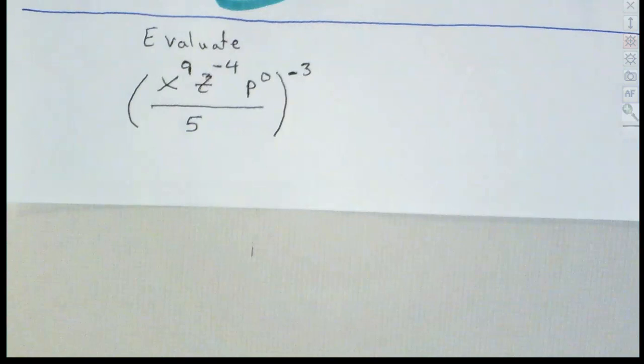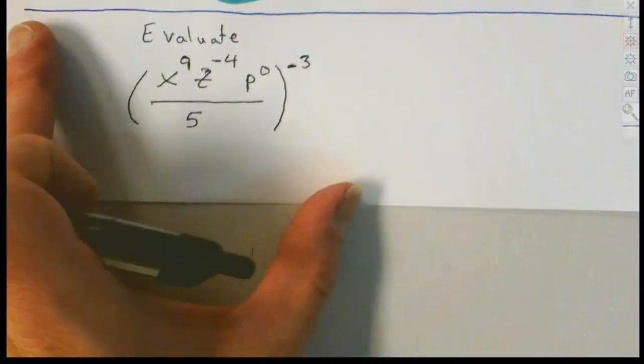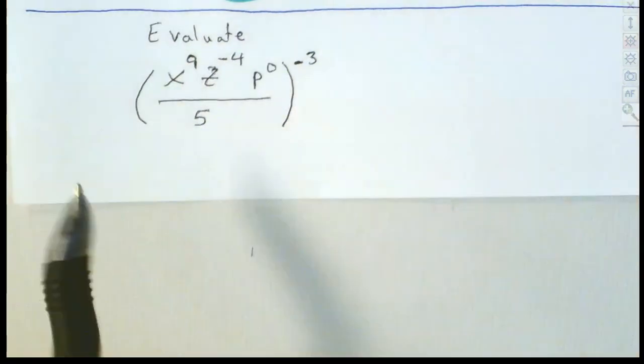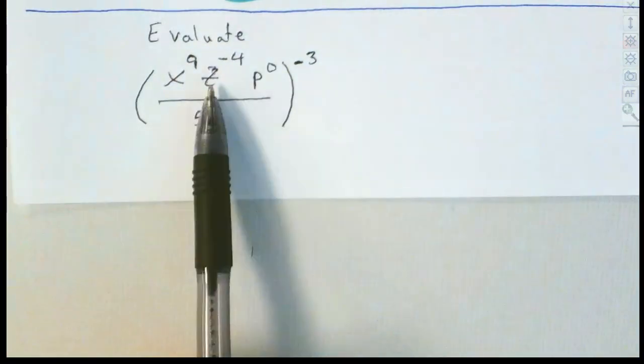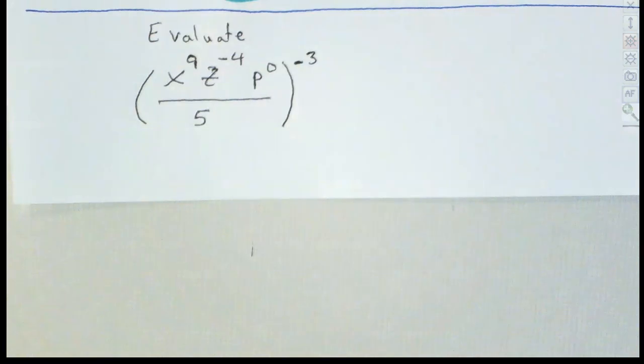There's very little to do here. Well, first, what do we need to do? We've got parentheses, right? So the first thing we do is we always look inside the parentheses. None of these can go together because they're all different variables. If they were the same variable, then we could combine them together.